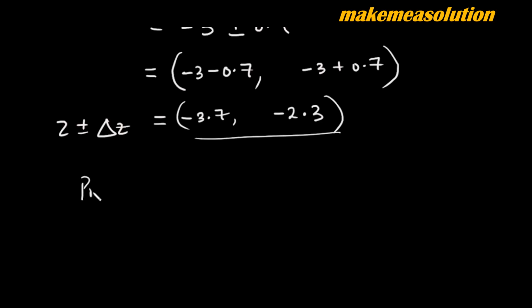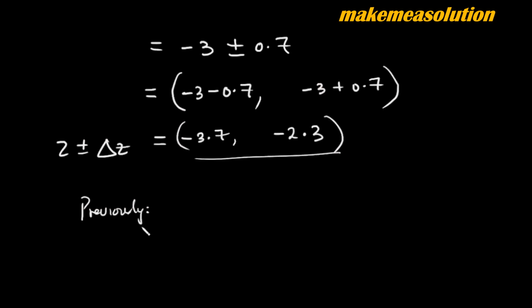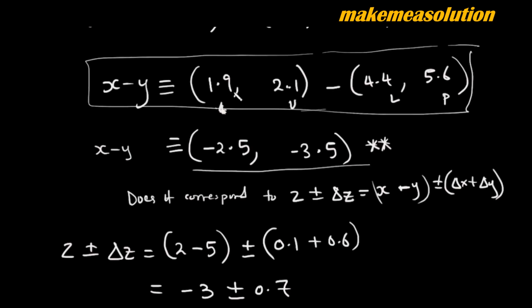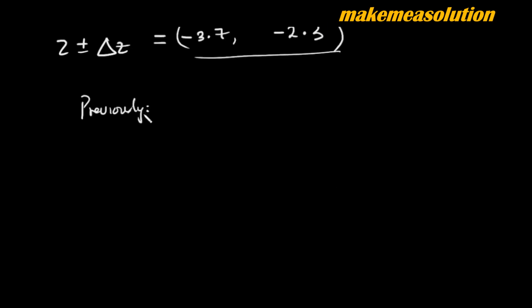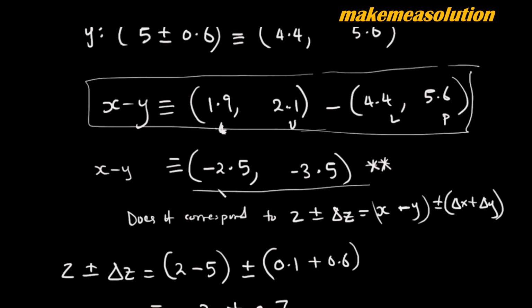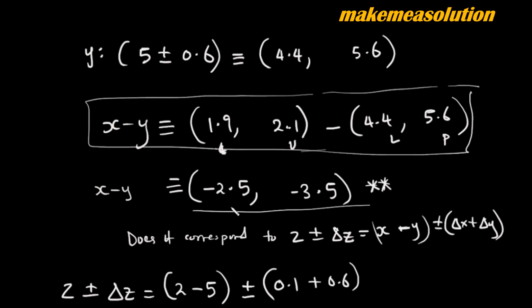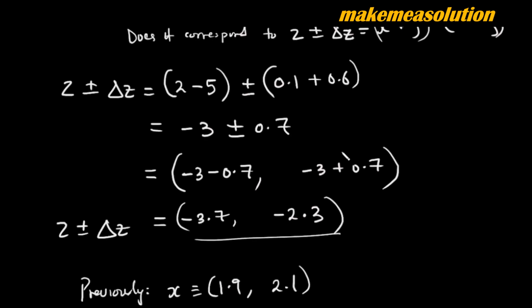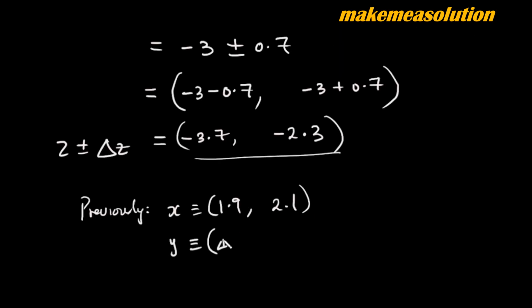Previously, when we broke down x to its corresponding range, we had 1.9 to 2.1, and our y corresponded to the range 4.4 to 5.6. So this is supposed to be the correct answer.